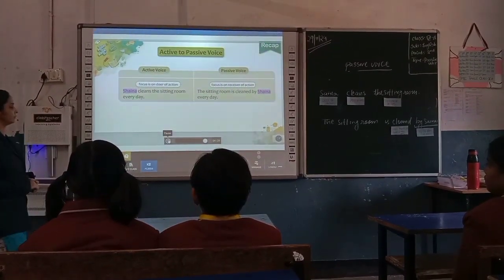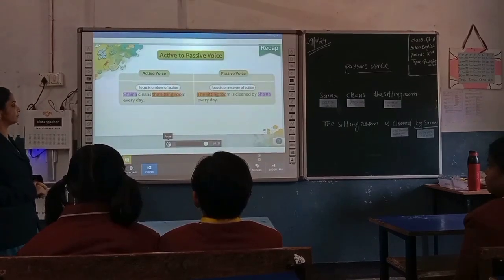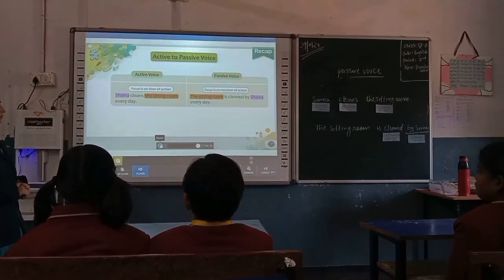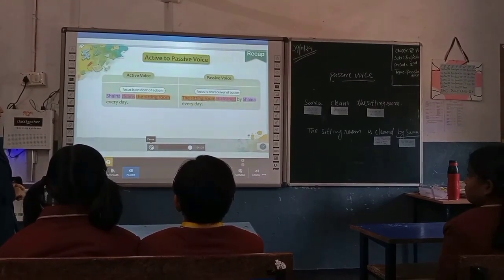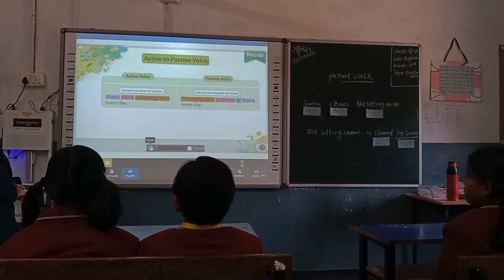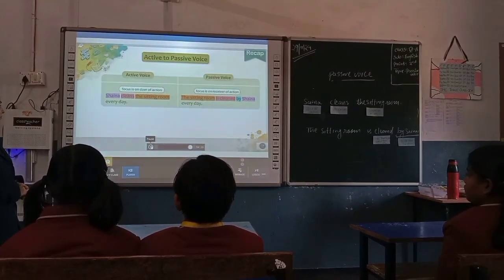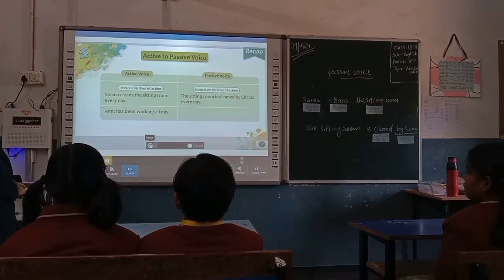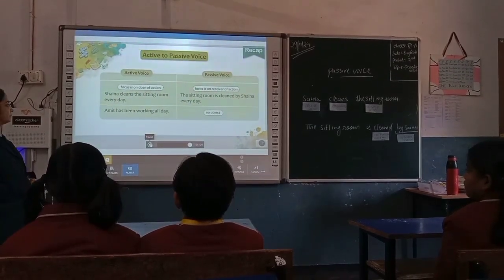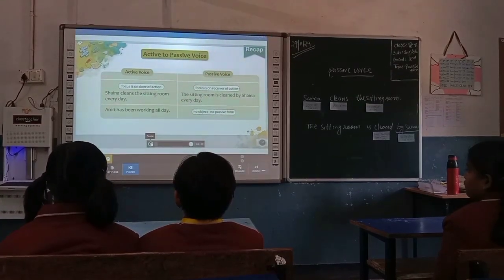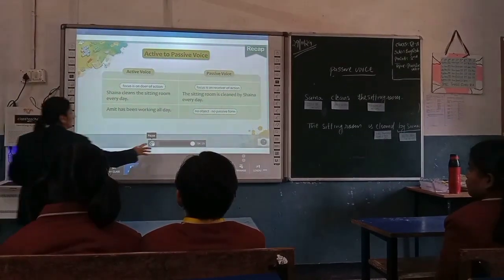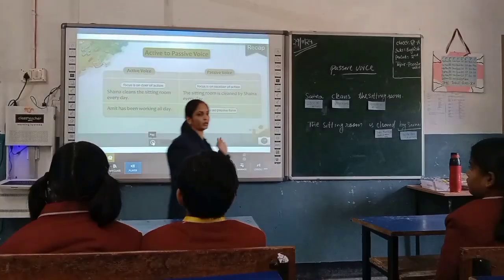Make the subject the object and the object the subject in the changed sentence. Change the verb form. Add the preposition by. Remember, if a sentence doesn't have an object, you cannot change it from active to passive. I hope this is clear.